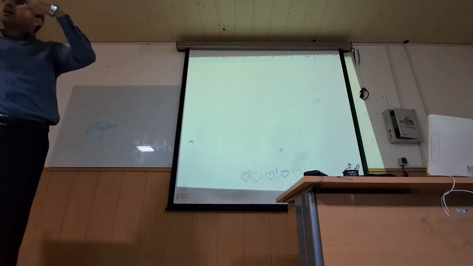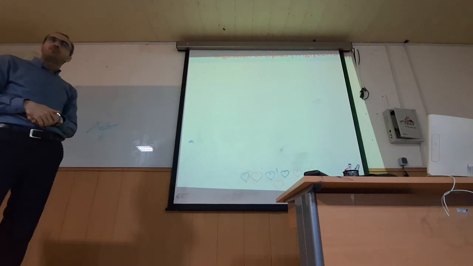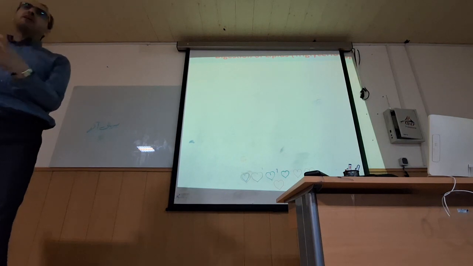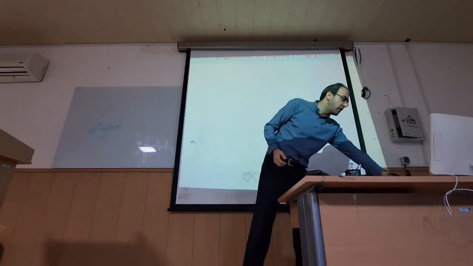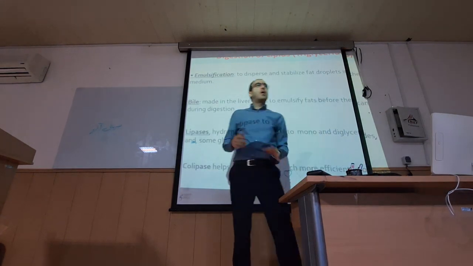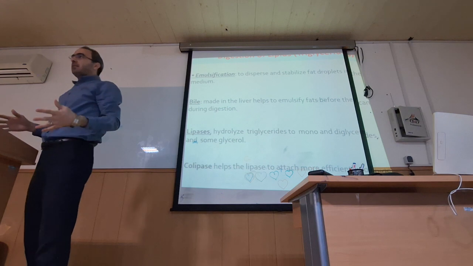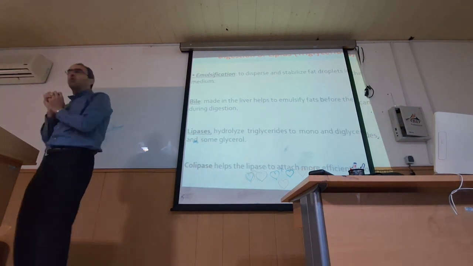So they cannot digest this lipid. So what should we do? We should decrease the size of lipids. How can we do that? Emulsification. So we need emulsification here. By emulsification, the large droplet of fatty acid or triglyceride can be broken to small droplets.